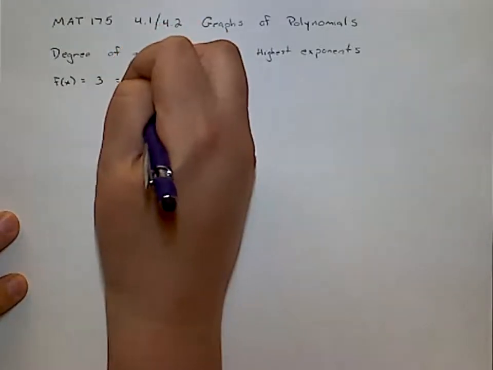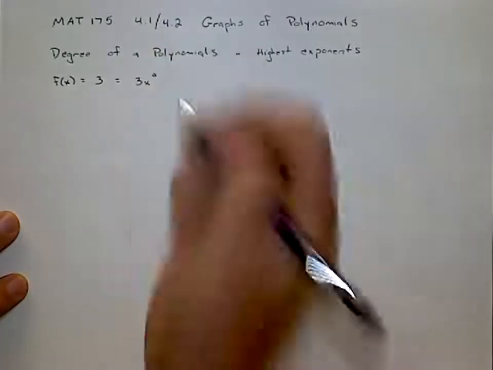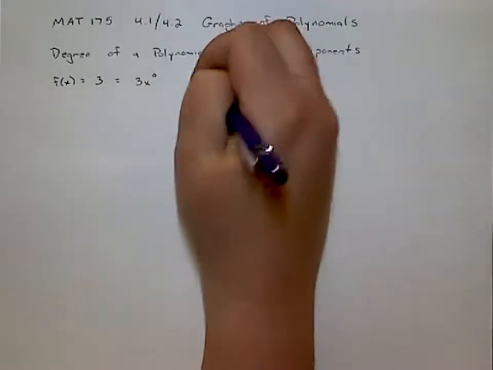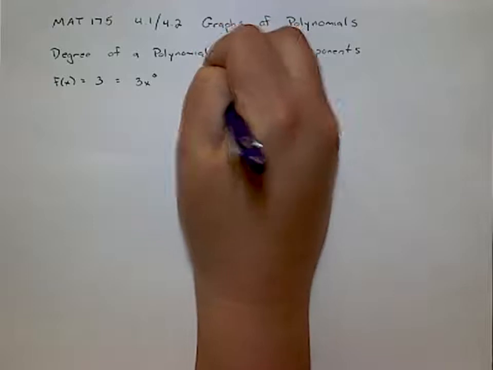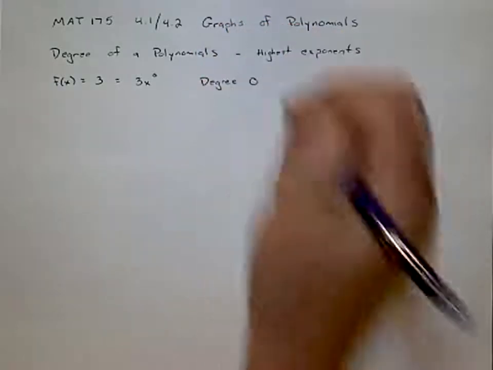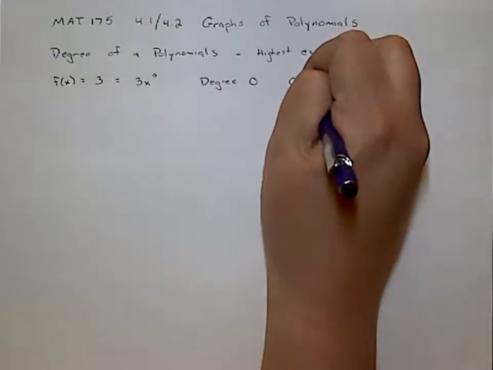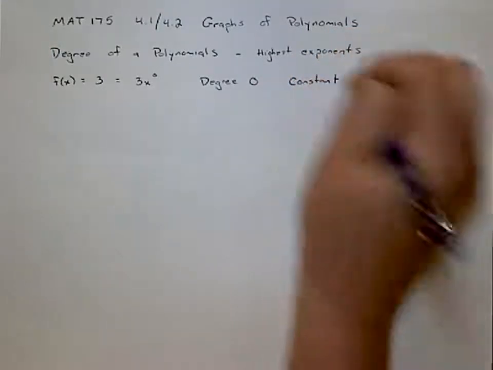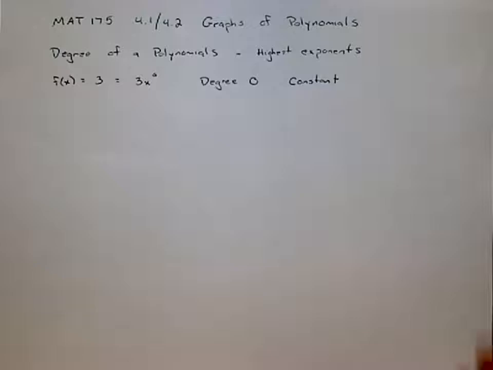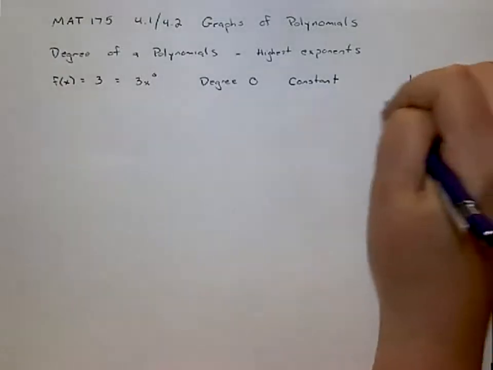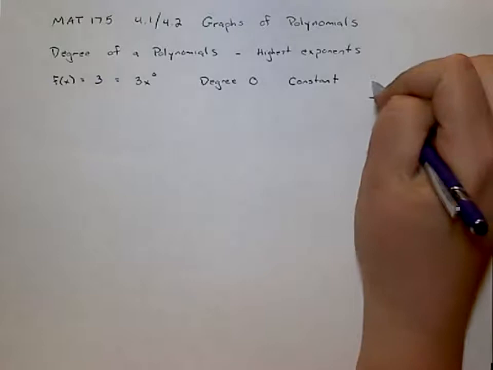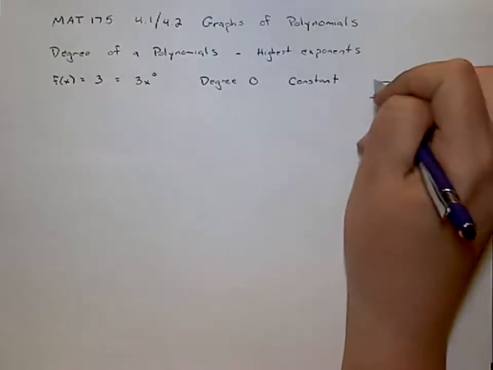That could be rewritten as 3x to the 0. So the degree of this polynomial is 0. That means this particular polynomial is a constant polynomial. Now, the graph of a constant polynomial, if you remember, is just a horizontal line.